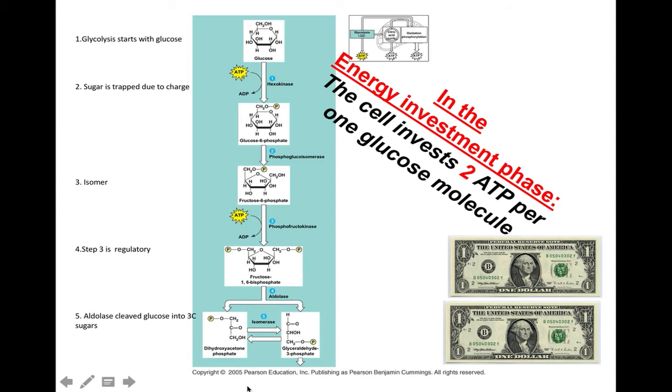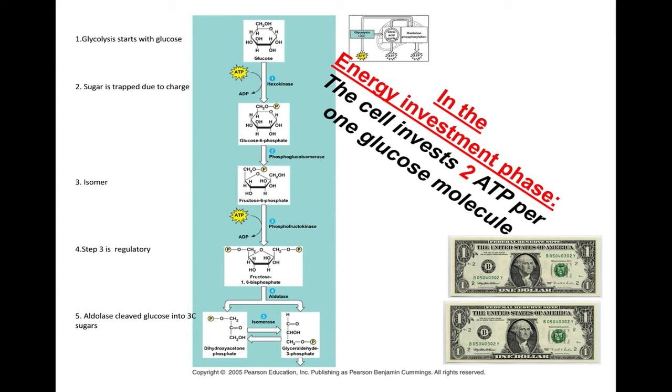But if this pathway is given, you should be able to say what the inputs of step number 3 are and what the outputs of step number 3 are, right? Inputs are ATP and fructose 6-phosphate, whereas outputs are ADP and fructose 1,6-bisphosphate. Is energy used up in this process? Yes, very much, because this is an energy investment phase.